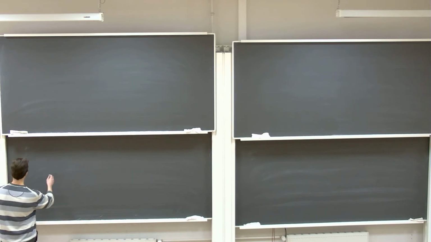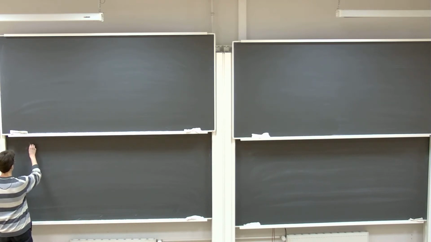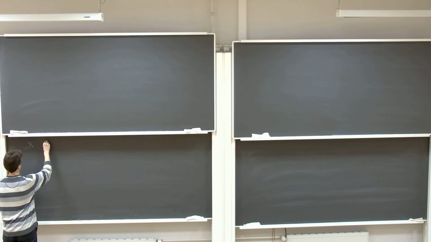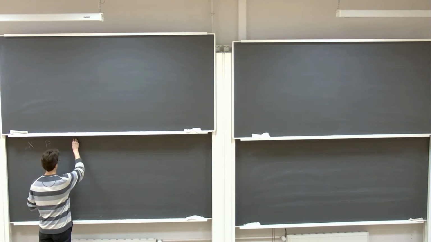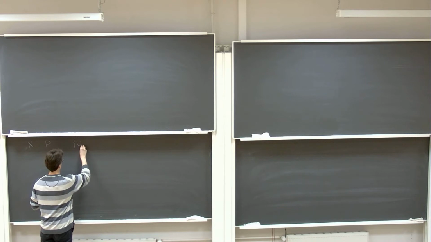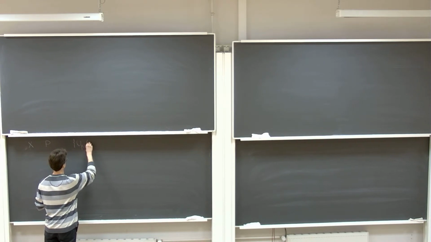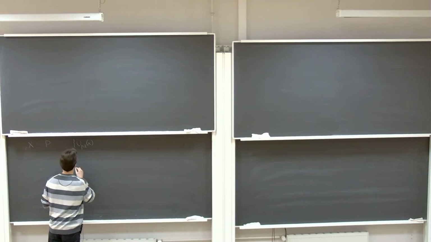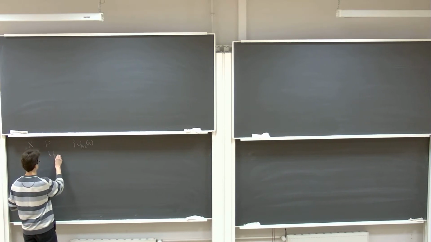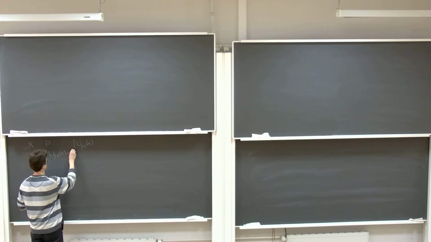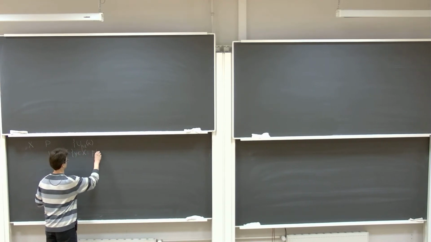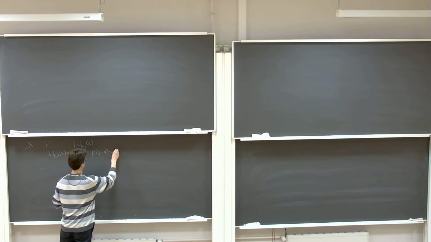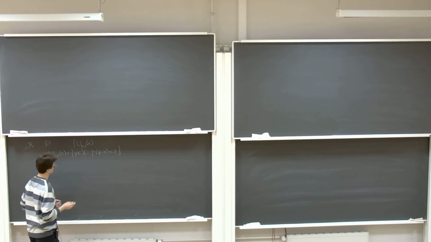So this means the following. If we have a vector space X and a family of seminorms P on X, then we consider the family of all balls of the following form. U_{P,epsilon}(x) is the set consisting of those elements y such that P(y minus x) is less than epsilon.